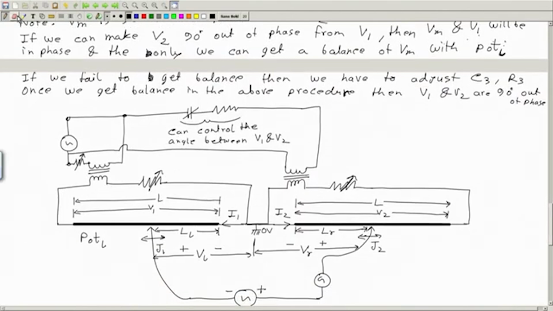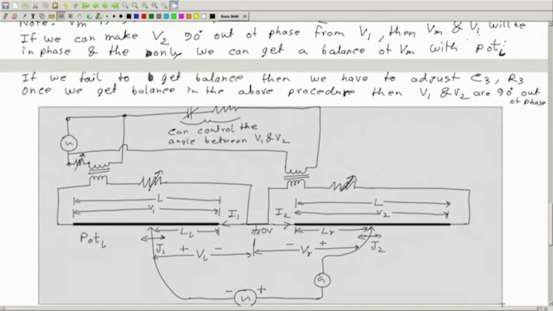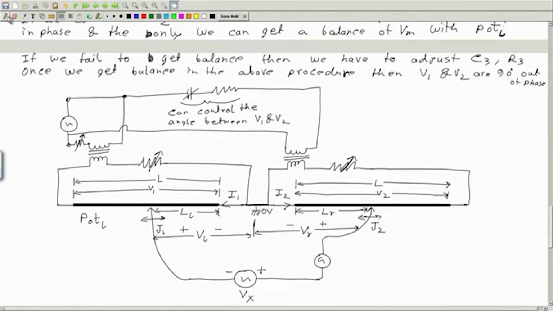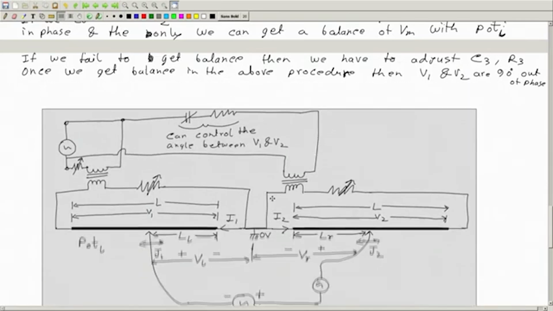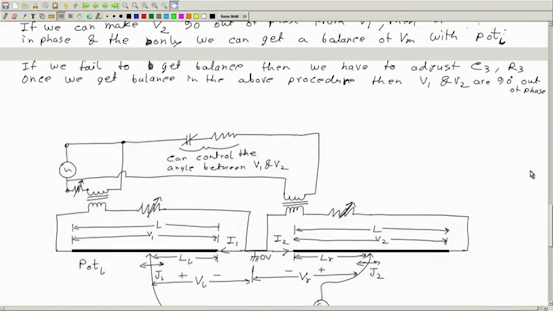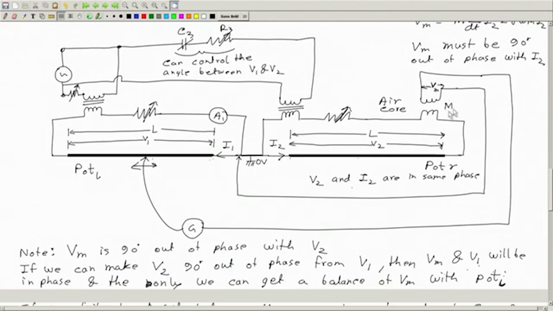And also, if we know the value of M, then from Vm we can estimate this current I2.